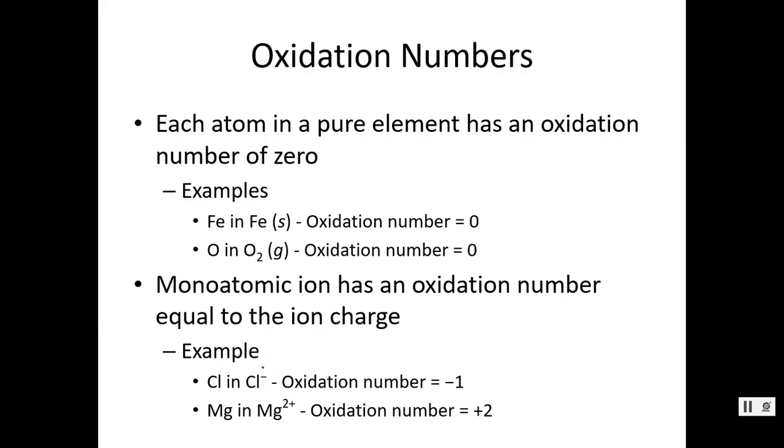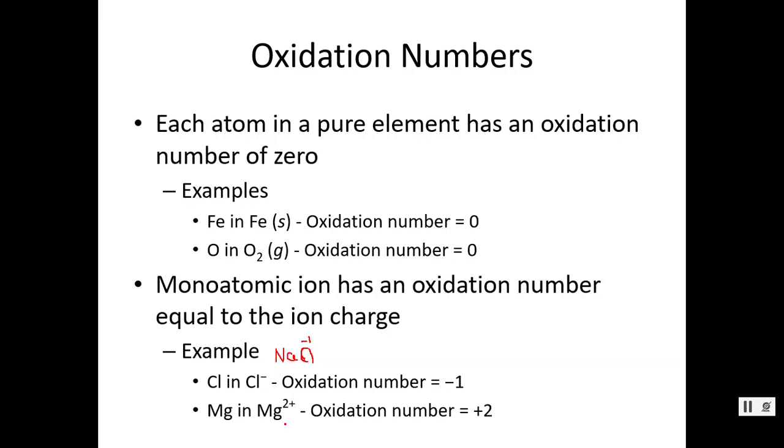So for example, if I had NaCl and I asked for the oxidation number or charge of that Cl, well, that Cl is bound in an ionic compound, so that oxidation number is equal to the charge of the group 7 elements, the halogens, which is -1. Similar rule for the cations and the metals when they're in an ionic compound.